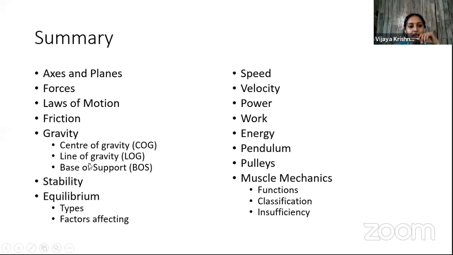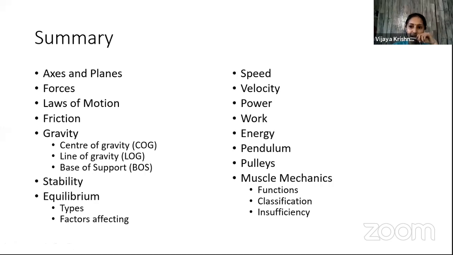Stability happens where the center of gravity is closer to the base of support, the base of support is large, and the line of gravity passes through the center of gravity and to the center of the base of support. So these are the three rules that ensure that the object remains stable.